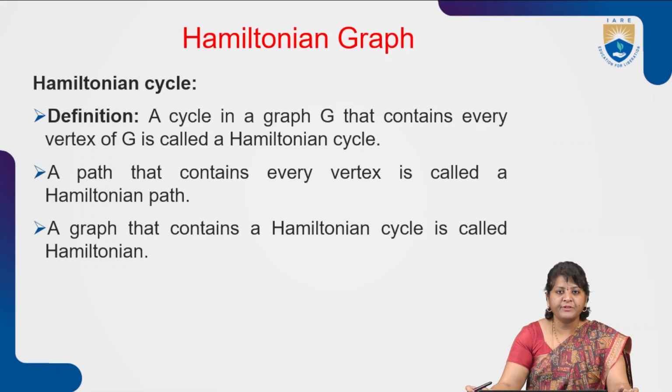Here a slight difference is there between Hamiltonian path and Hamiltonian cycle. A path that contains every vertex is called a Hamiltonian path. That is the standard definition. And here we will note that the vertex we select as a starting point may not be the ending point for a Hamiltonian path. We will see an example.